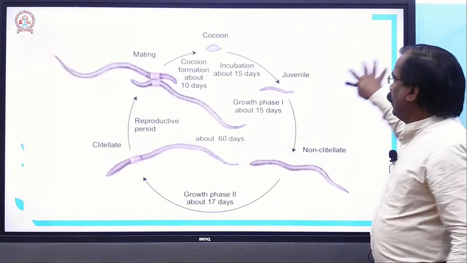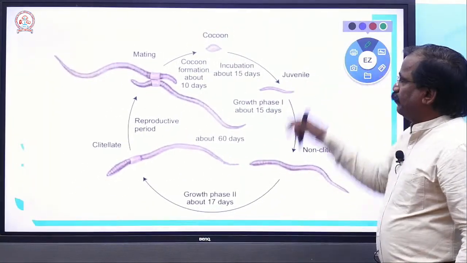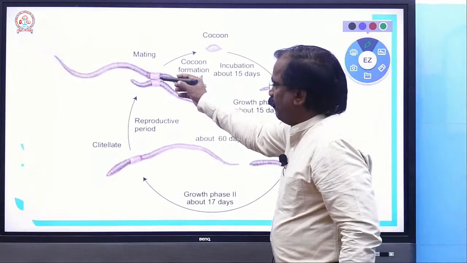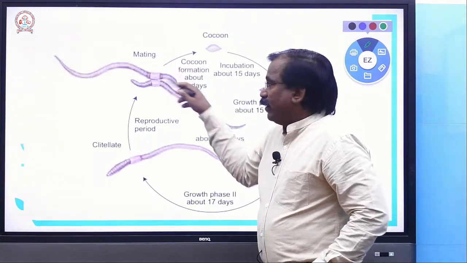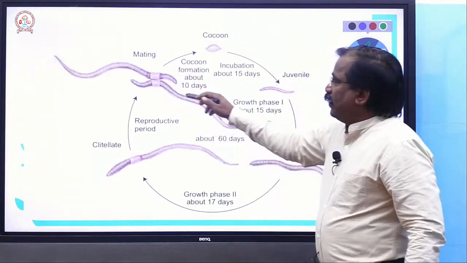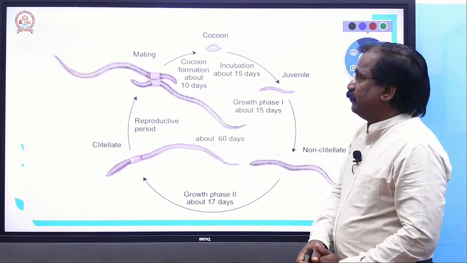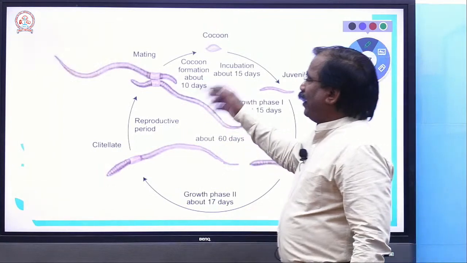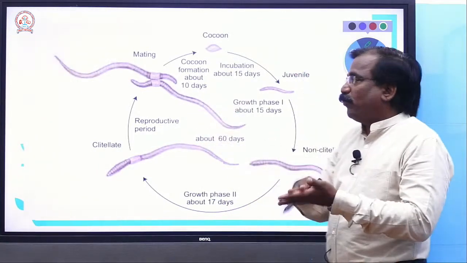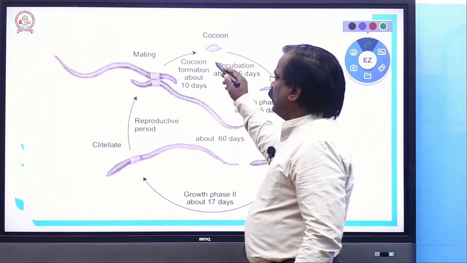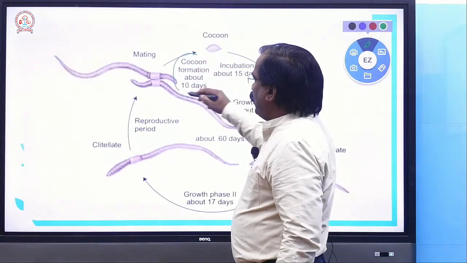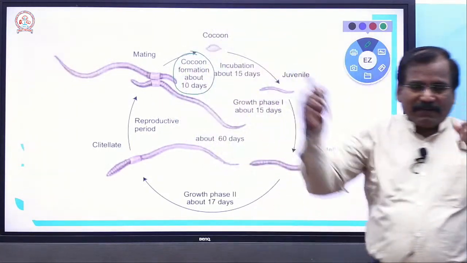See, listen, so you can understand this is the life cycle. Mating takes place, the spermatheca is now filled with the sperms, and after copulation they start producing the cocoon after the 10 days. What is a cocoon?